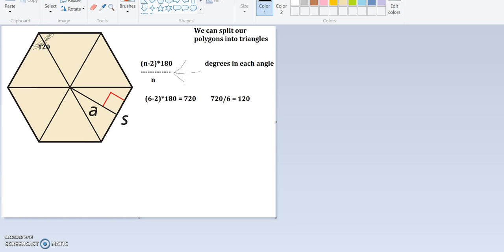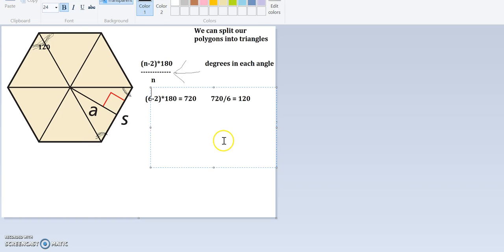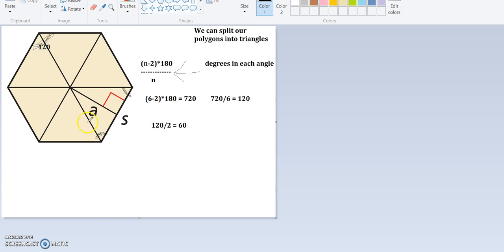So to find this angle, just this one I'm interested in here, or this one, they're the same thing, I can go ahead and divide 120 by 2. And I'm going to get 60 degrees. So each of these angles is 60 degrees.